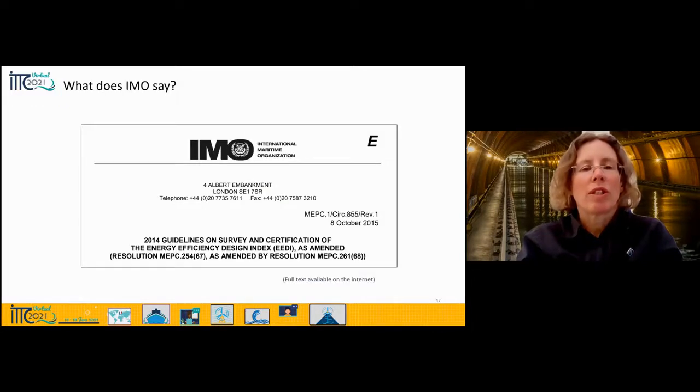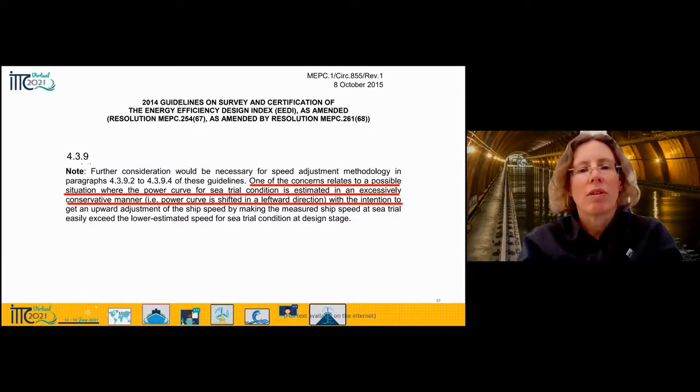So what does IMO say about this? Since it affects EEDI, IMO identified that there could be a problem with the curves from sea trials.